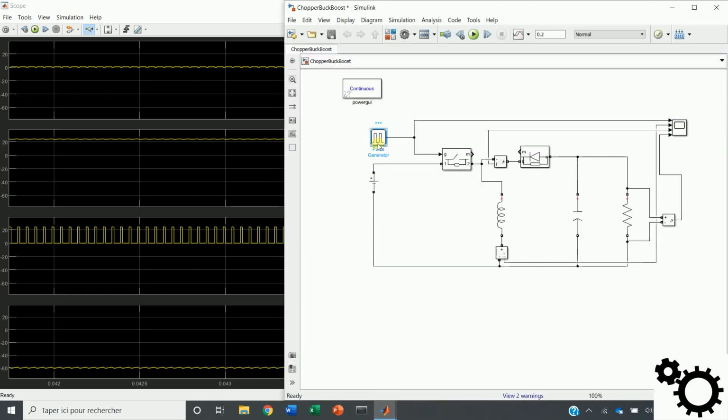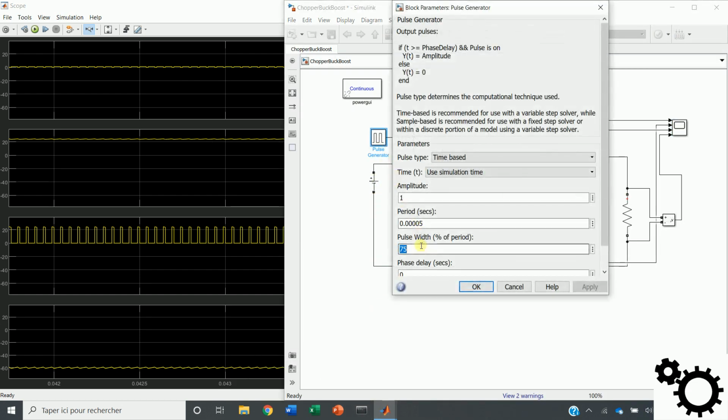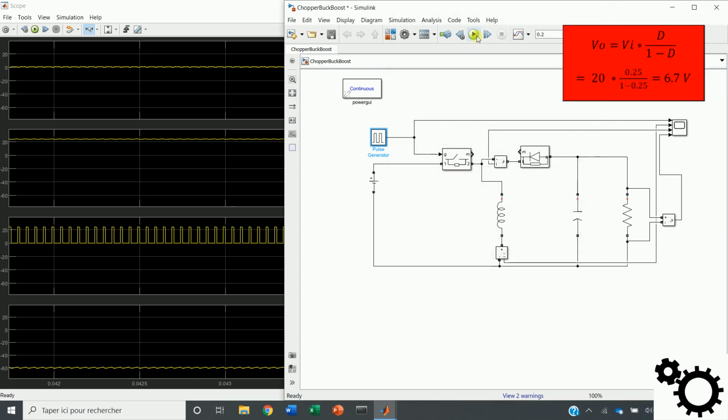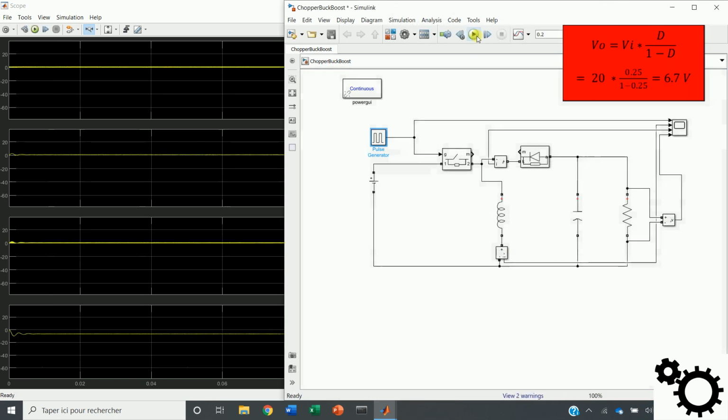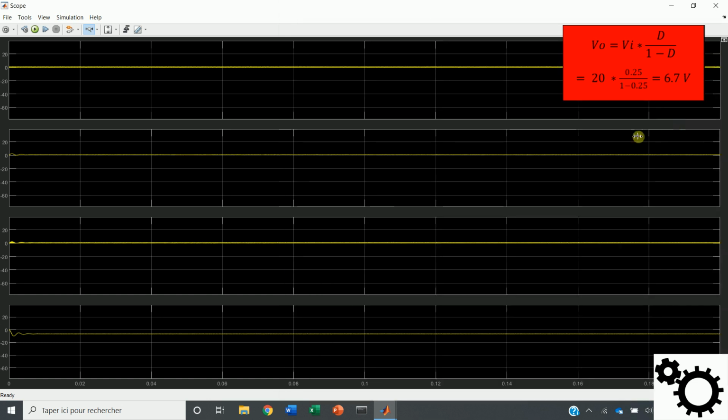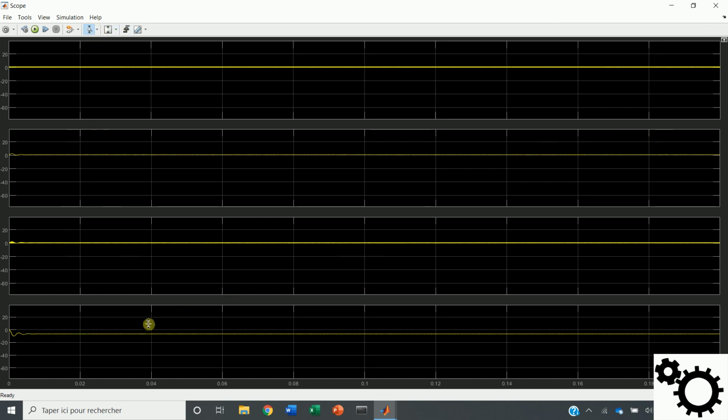But if we change the duty cycle, for example, into 25%, we will have a smaller output. Notice in this case, the output voltage has an inverse polarity. That's a particularity of this circuit.